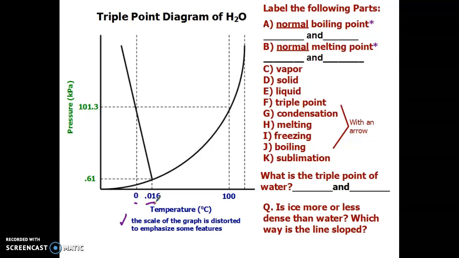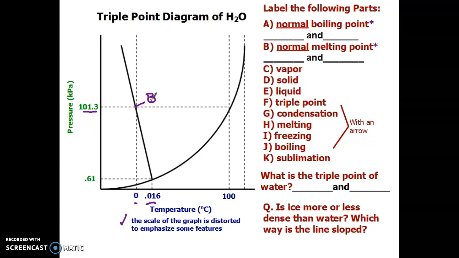So on this graph, we're looking for 101.3 kilopascals, and we find it right there. Now we know that water freezes at 0 degrees Celsius at 101.3, so if we follow our graph down and find 0, I think this point right here would be our normal melting point. So we're going to label that B. Normal boiling point, again, is at 101.3 kilopascals, and we know that should be 100 degrees Celsius.